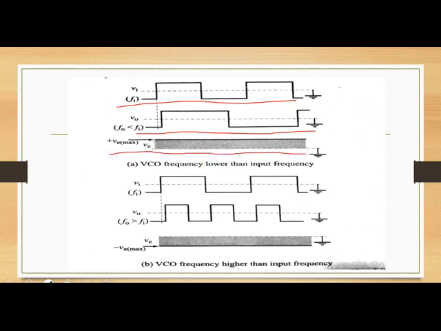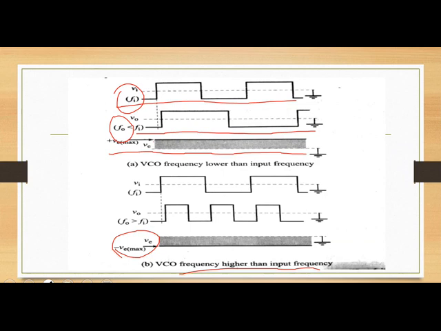Whereas if the VCO frequency is higher than the input frequency, then we can see that the output voltage is negative maximum. So this exclusive OR phase detector is used when both the signals Fi and F0 are square waves.